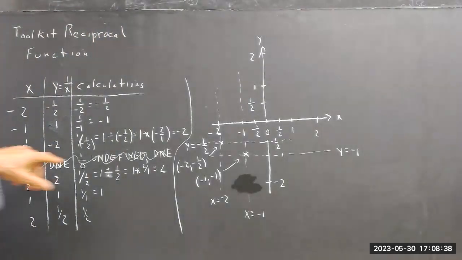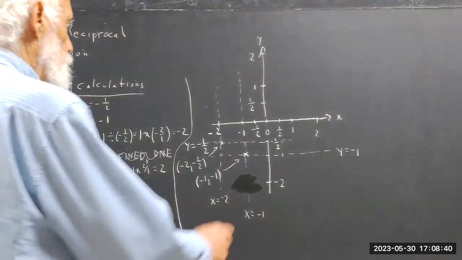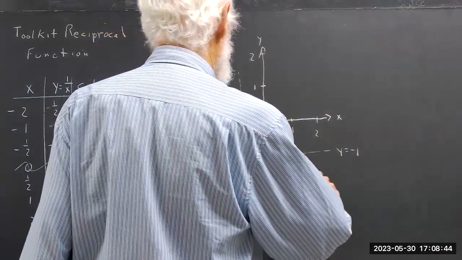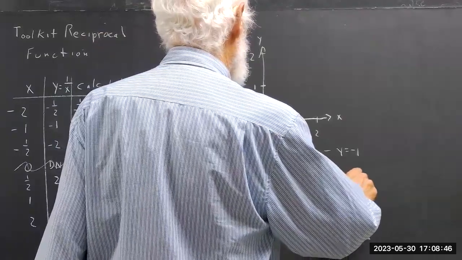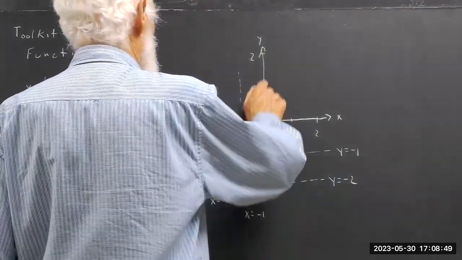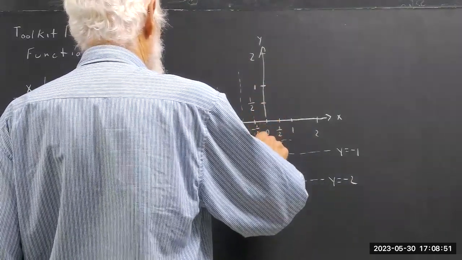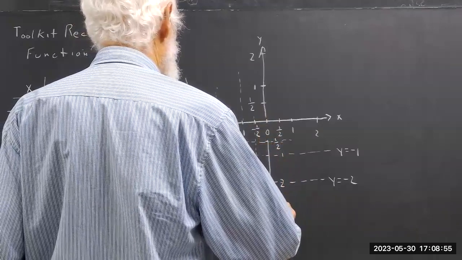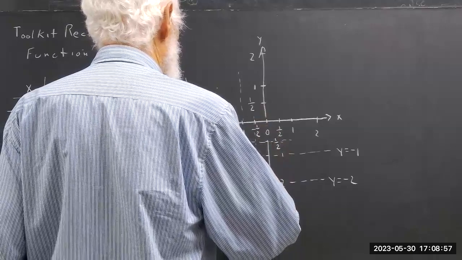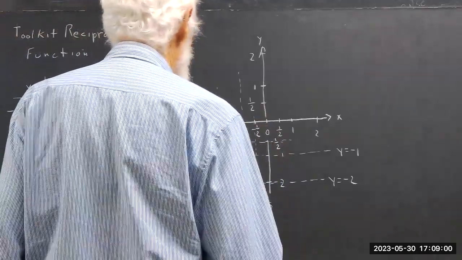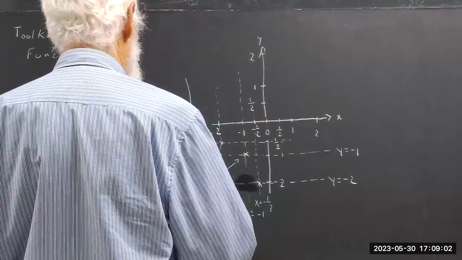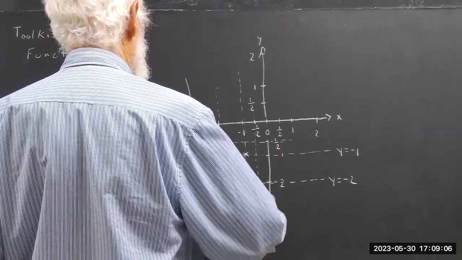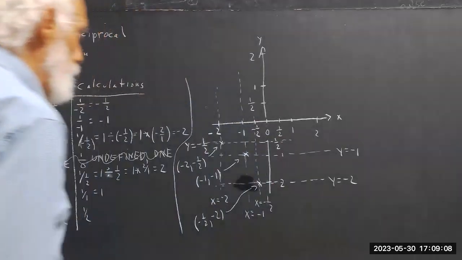Okay, then X is -1/2 and Y is -2, so we sketch another line for Y equals -2 and a line for X equals -1/2. And we have a point here, and this point is the point -1/2, -2.